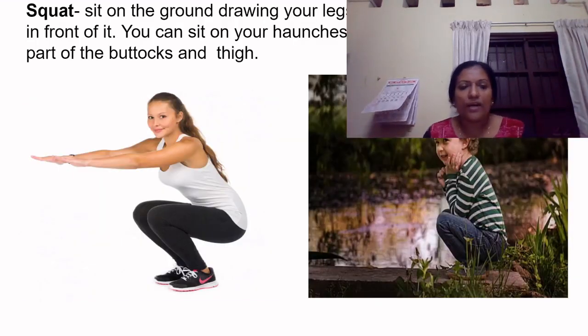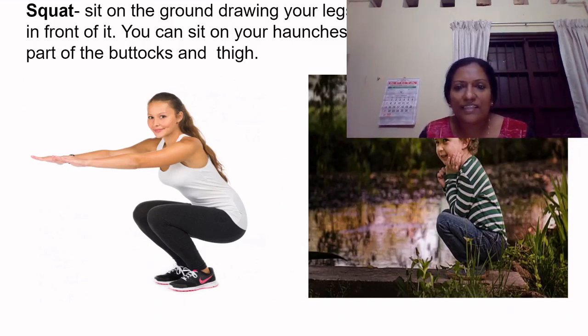Next word is to squat. Now there are two positions again that I've shown here in front of you. One is where the sweet little boy is sitting with his legs up and his buttocks touching his feet, and also he's sitting on his haunches where the buttocks touch the feet and the calves or the thighs.